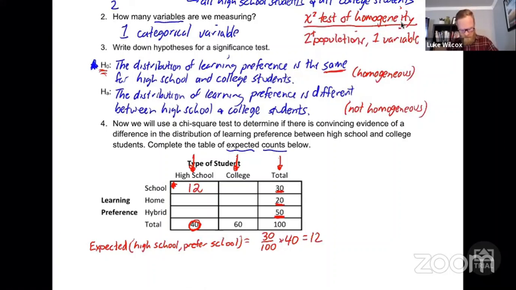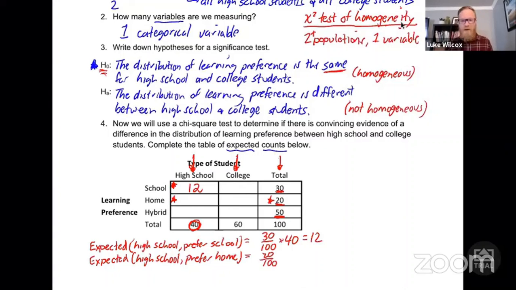Now let's go through a similar reasoning in order to get the expected value below that one. So now I'm looking for the expected number of high school students who say that they prefer learning at home. Well, if we look at prefer learning at home, it's 20% of the total, right? 20 out of 100.